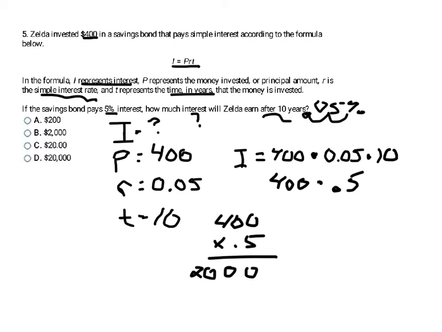I have to count out how many decimals I have to the right. There's 0 here, there's 1 here, so that means in my answer I'm going to have one number to the right of the decimal. So that makes my number 200. He's going to earn an interest after 10 years, and that makes my answer A. If you didn't know that you could just move the decimal once for this little trick that I explained, that's fine. You could just work it out like this twice.